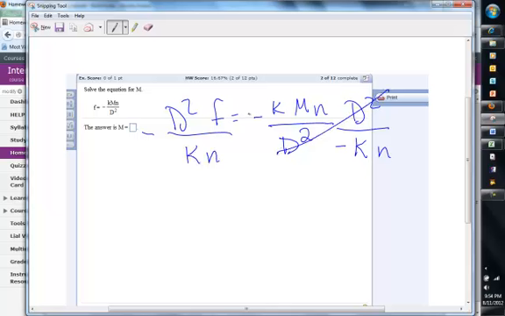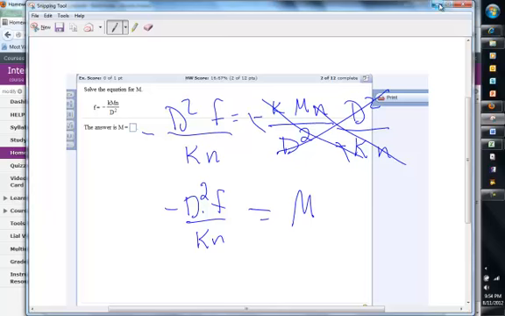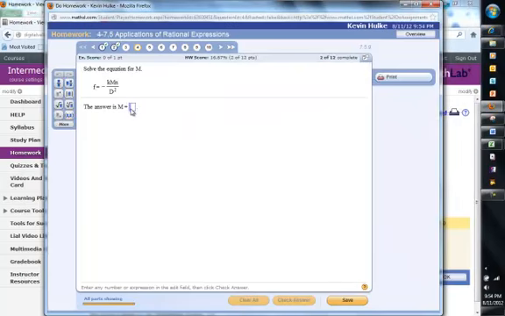D squareds cancel, negatives cancel, k's cancel, and n's cancel, and you're left with m equals negative d squared f over kn. Negative fraction d squared f over kn.